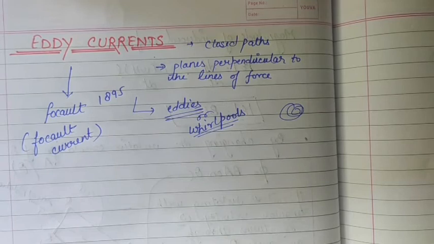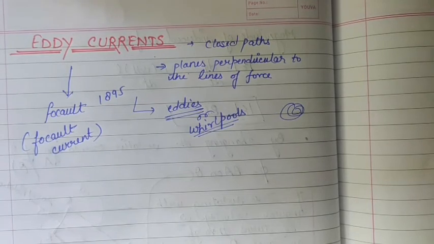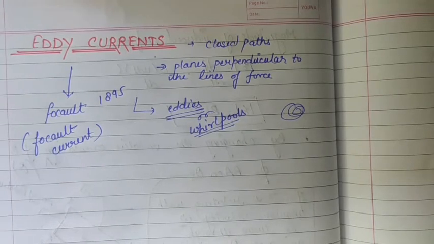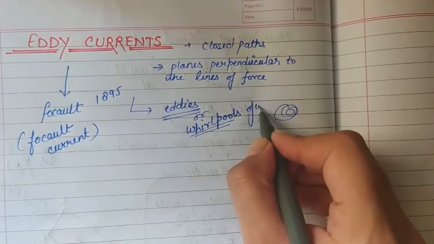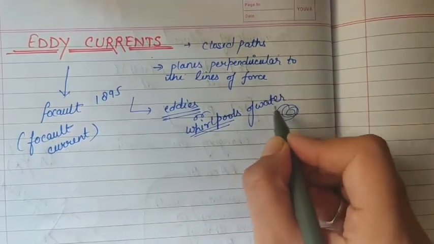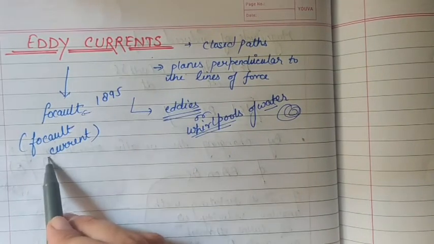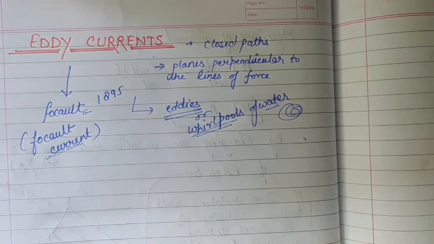These are the currents that are induced in any metallic sheet or block whenever the magnetic flux linked with that sheet or block changes. They are in the form of eddies or whirlpools of water, that's why they are called eddy currents. Since these were first discovered by Foucault, they are also known as Foucault currents.